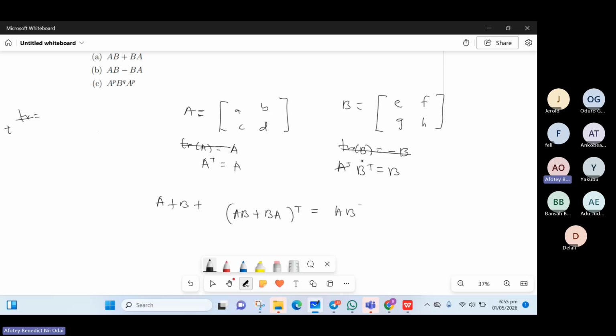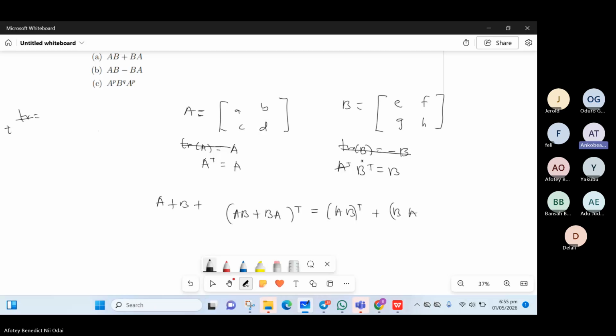And how do we simplify this also, please? So AB transpose becomes B transpose A transpose. You have to switch. And then BA becomes A transpose B transpose.